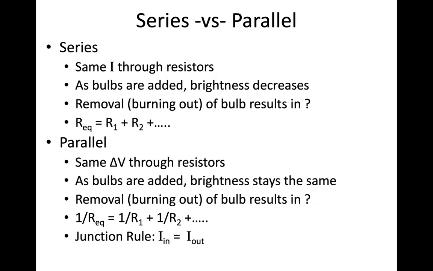Sorry, I should add: if every single bulb had the same resistance and I added them, the brightness would stay the same. Why? Because they have the same voltage across them. And what would happen if I remove or burn out one of the bulbs? We'll talk about that. And the resistance actually decreases, and I might have to use the junction rule to figure things out.